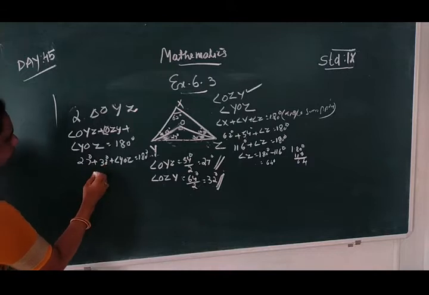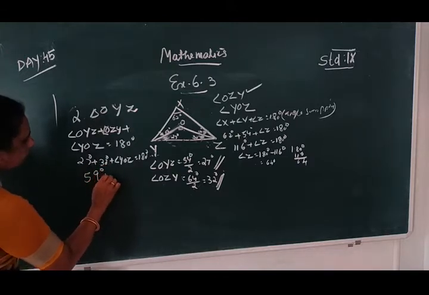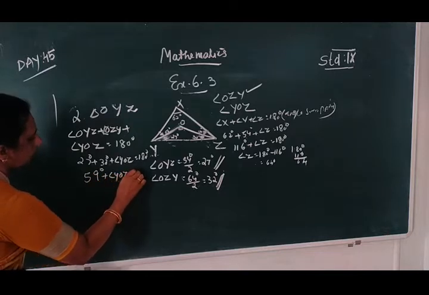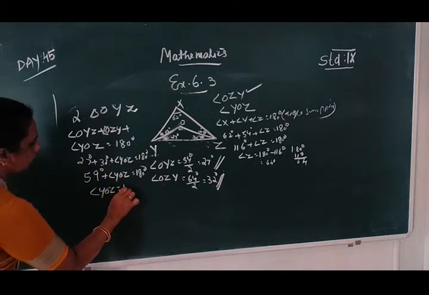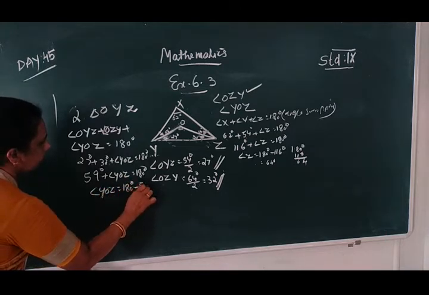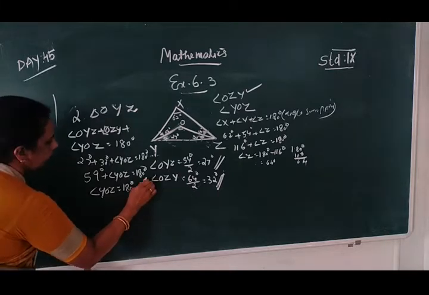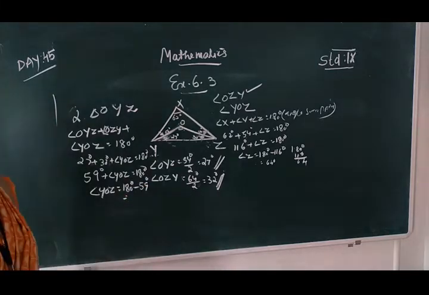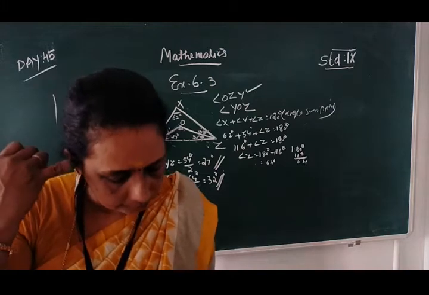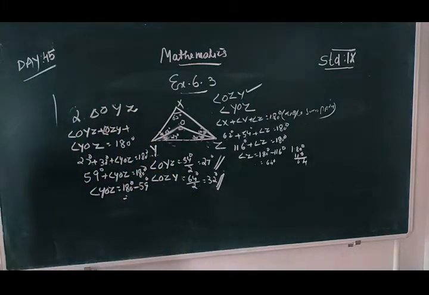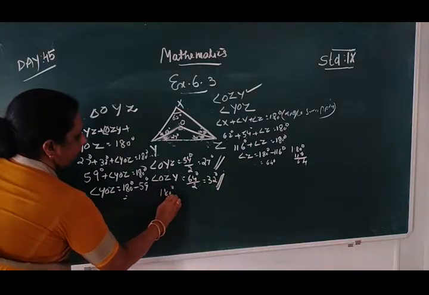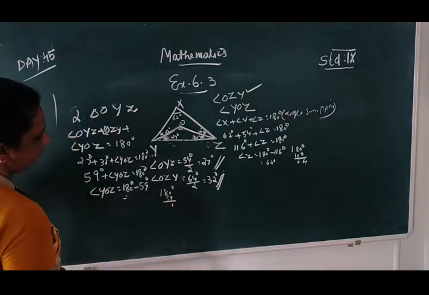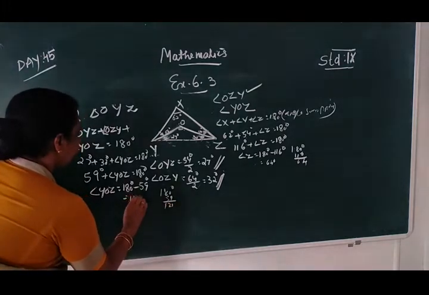That is 27 degrees plus 32 degrees plus angle YOZ is equal to 180 degrees. 27 plus 32 is 59, so 59 degrees plus angle YOZ is equal to 180 degrees. That is angle YOZ is equal to 180 degrees minus 59 degrees. You will get angle YOZ is equal to 121 degrees.